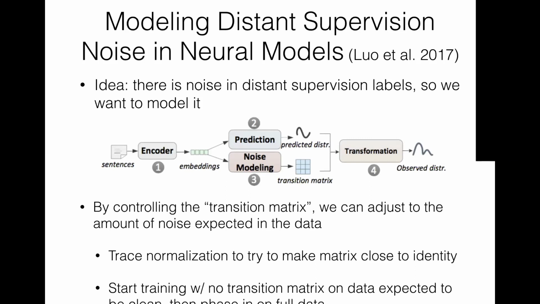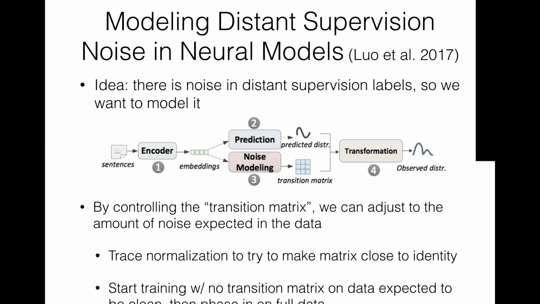So if you see the figure in the middle, first, number one, sentences are encoded into embeddings, and they go through this prediction architecture to get a softmax over relations. This is the predicted distribution in number two. If you have pure gold training data that contain nothing but correct relation annotations, you can just take the 1 and 2 part and construct a relation extraction system.